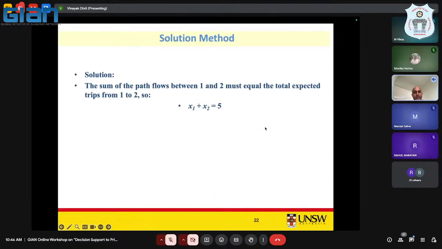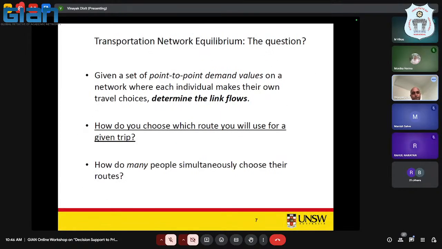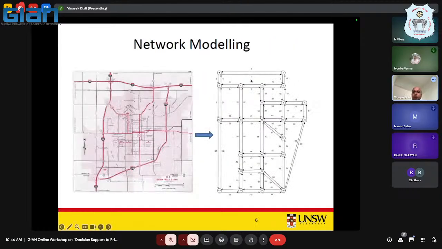But let's go back to this network, going from point 1 to point 18, let's say. Enumerating all possible paths is a very, very hard problem. It's known to be an NP-complete problem.